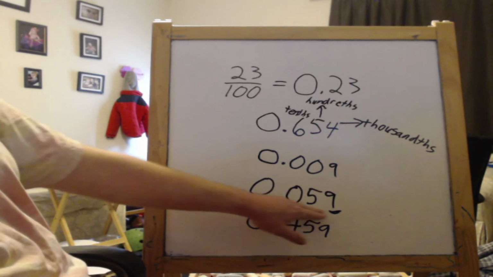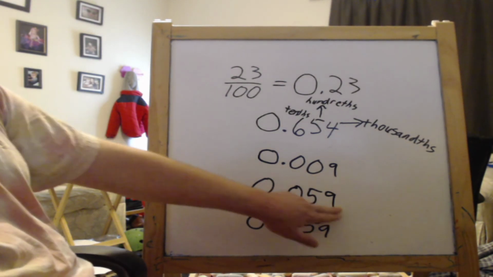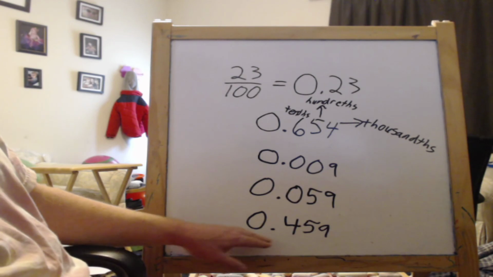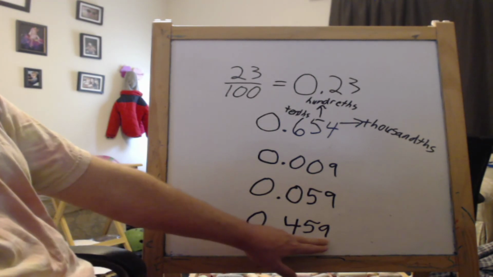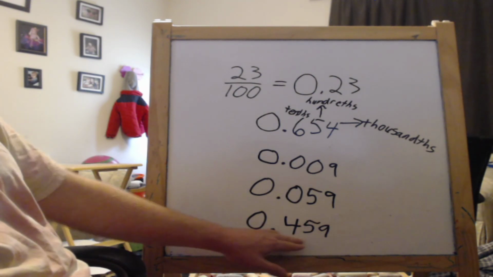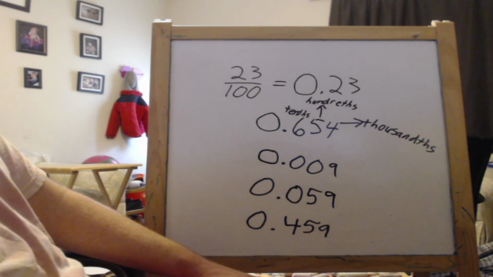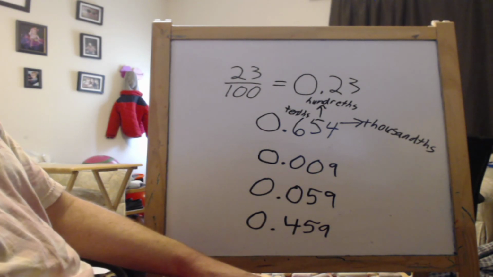If we're talking about 59 thousandths, then the last digit of 59 is always going to be in the thousandths place. And if we're talking about 459 thousandths, then once again, the last digit, the 9 of 459, will be in the thousandths place. So hopefully that kind of cleared things up.